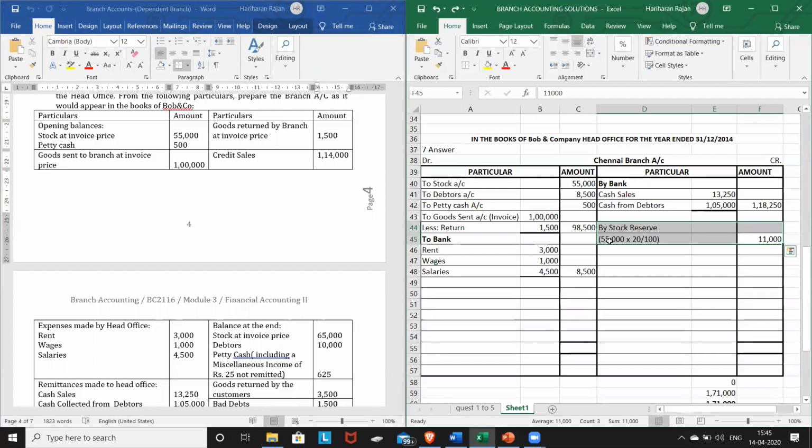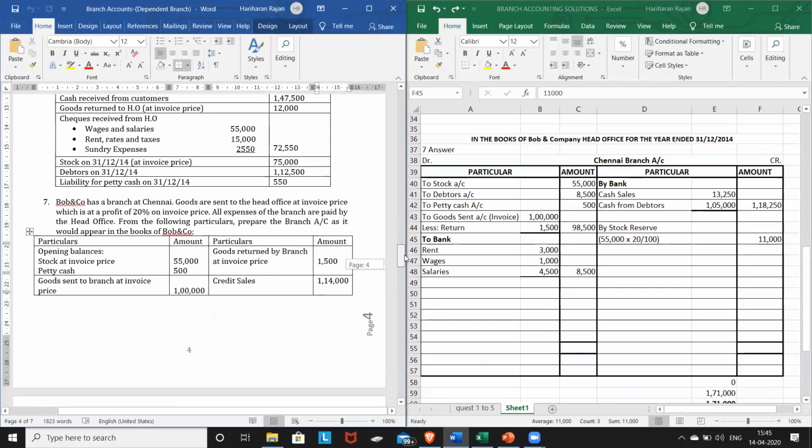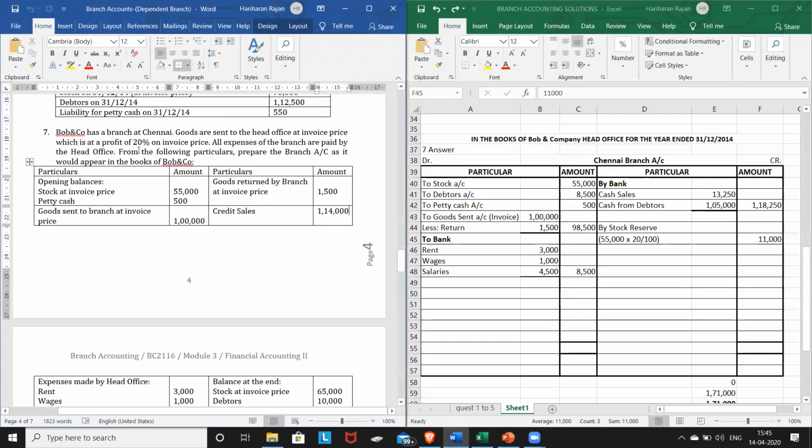So stock reserve, I have created on opening stock. Opening stock is 55,000 into the percentage given in the question, that is 20%, 20% on invoice price. So I have done that.